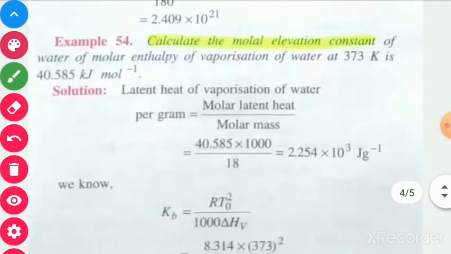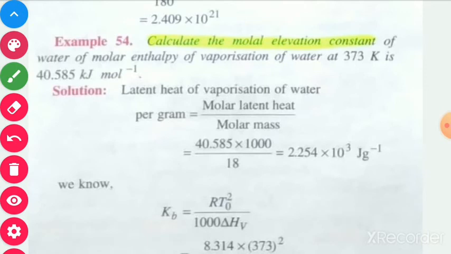Calculate the molar elevation constant of water if the molar enthalpy of vaporization of water at 373 Kelvin is 40.585 kilojoule per mole. First of all, we have to find the latent heat of vaporization of water per gram, which is equal to molar latent heat upon molar mass.